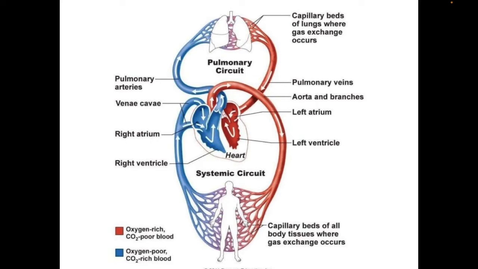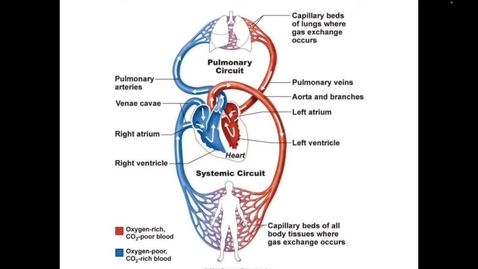The veins that carry the oxygenated blood to the heart are called pulmonary veins, pulmonary referring to the lungs. The pulmonary arteries are going away from the heart to the lungs, carrying the deoxygenated or high CO2 blood.